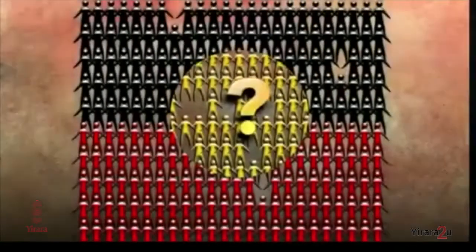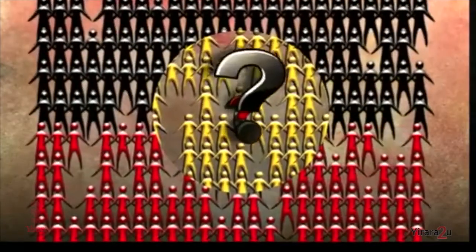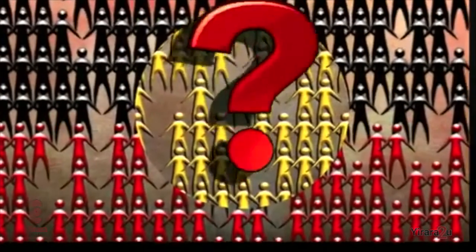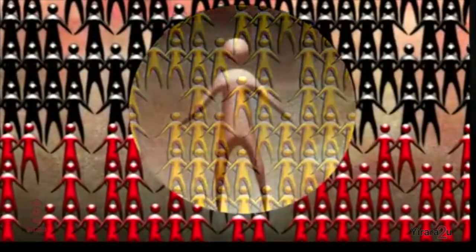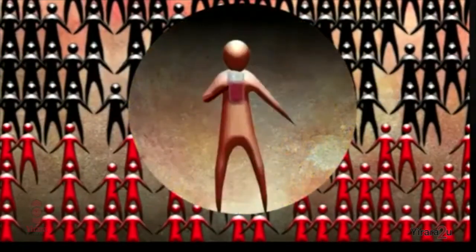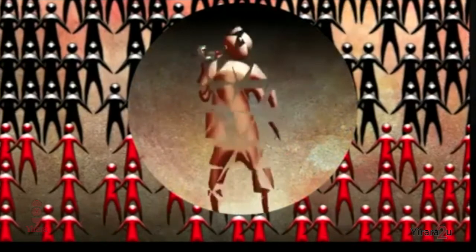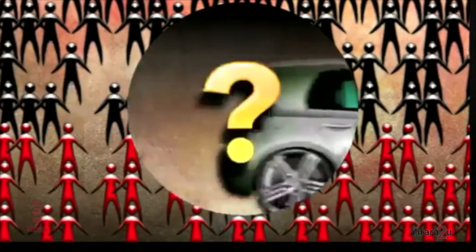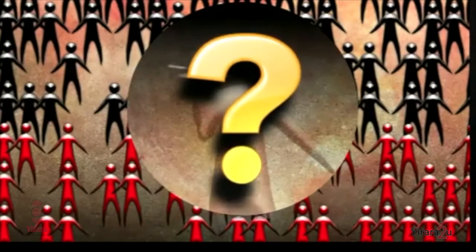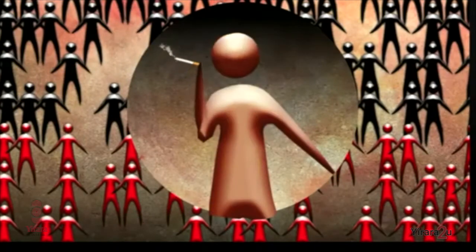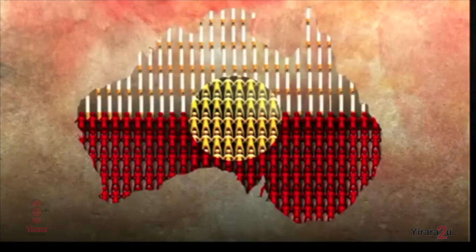Do you know what kills more Aboriginal people than anything else? Is it violence, drugs, alcohol, car accidents? It's smoking cigarettes. Smoking kills more Aboriginal people than any other drugs and alcohol combined. Then why do nearly half of Indigenous Australians over 15 smoke?